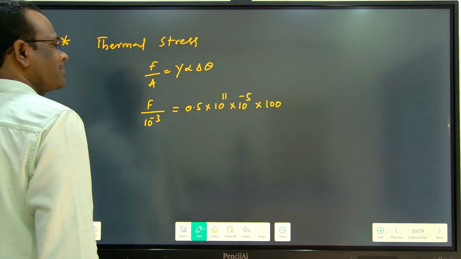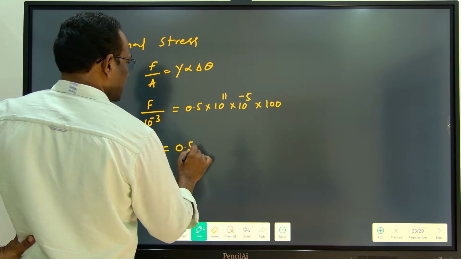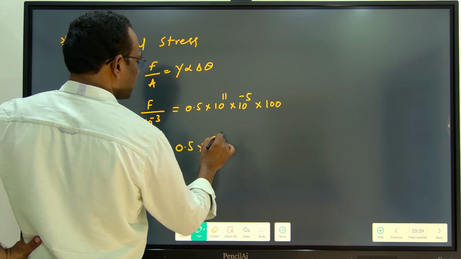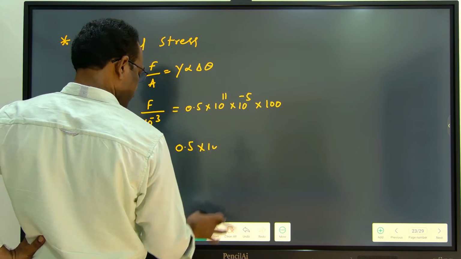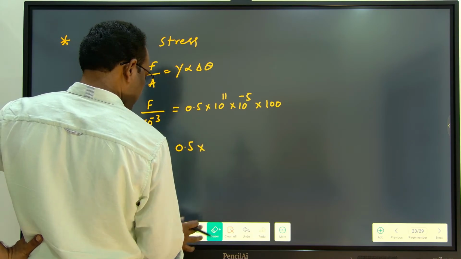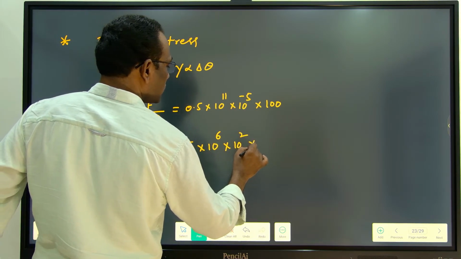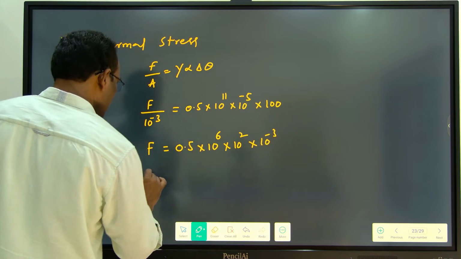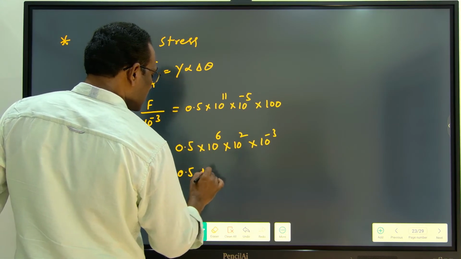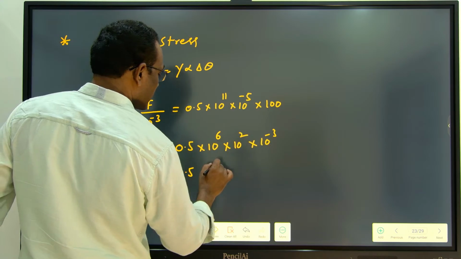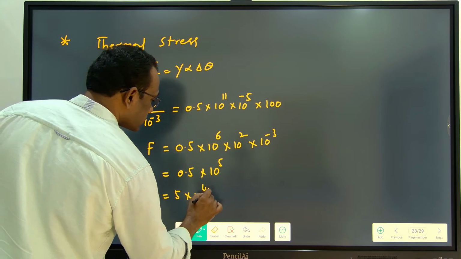That is 0.5 into 10 power 6 into 10 power 2, divided by 10 power minus 3, equal to 0.5 into 10 power 8 plus 3, so F equal to 5 into 10 power 4 Newton.